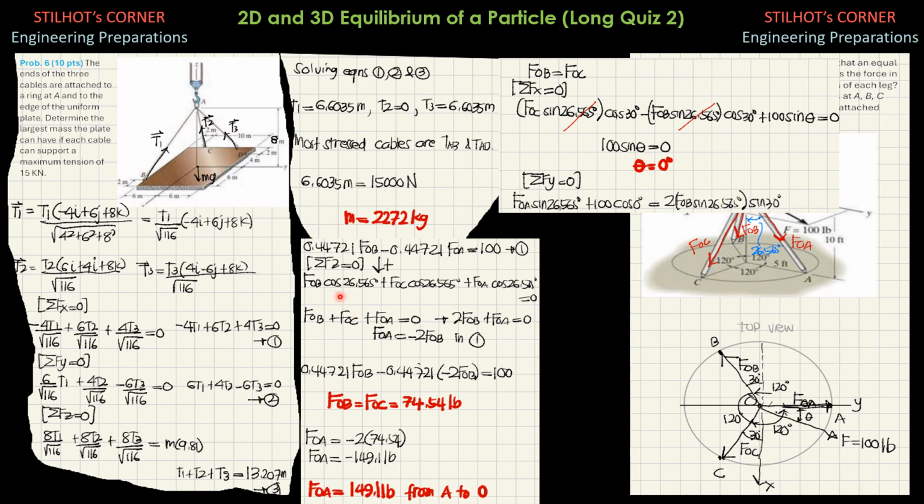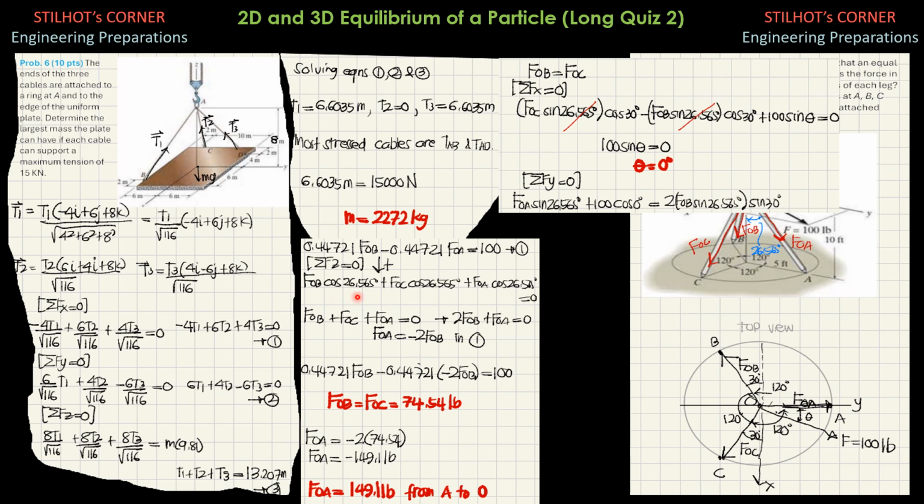Each force makes an angle of 26.565 degrees with the z-axis, so that's automatic. The angle with z is supposedly 180 minus 26.565 degrees, but we treated downward as positive. Anyway, that's the downward component.